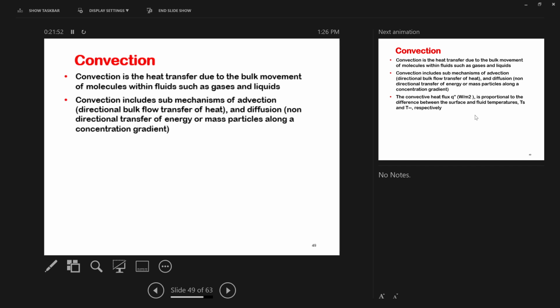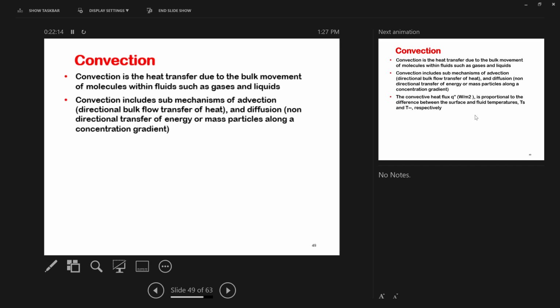It moves to the top, and then a bulk of cooler fluid replaces it, right? That will be your advection. But the diffusion is essentially each higher energy molecule moving and colliding with another lower energy molecule, and transferring the energy to that lower energy molecule. Does it make sense?